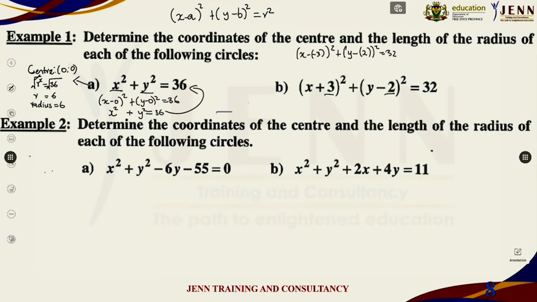Then when you simplify what I just wrote, it will give you x, negative by negative, it will give you positive 3 to the exponent of 2 plus open bracket negative multiplied by positive 2. I'm sorry, let me fix that. (y − 2)² = 32.